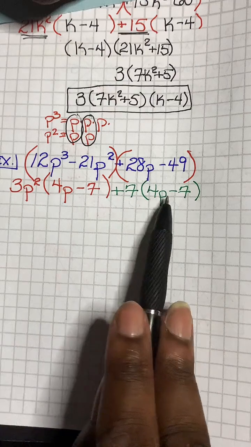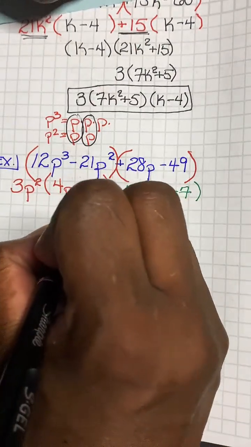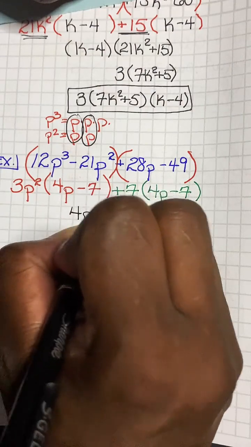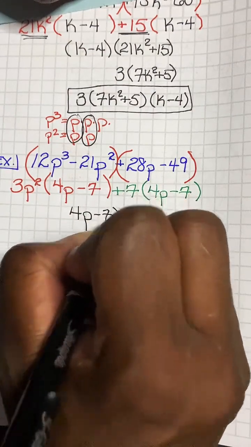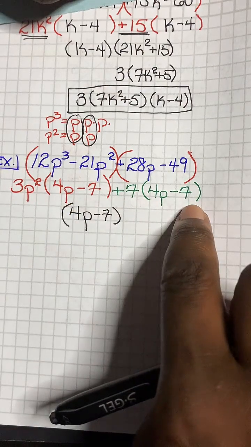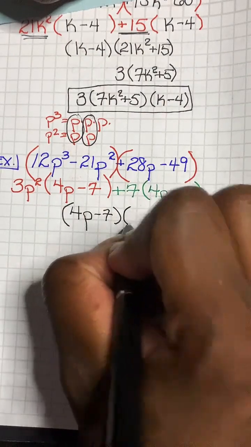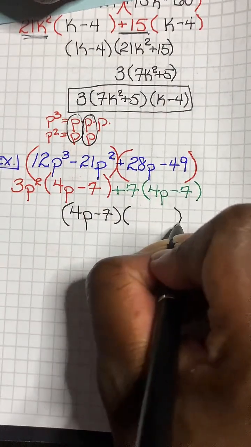Okay? So since our parentheses are exactly the same, we're going to factor it out. So that means that 4p minus 7 is going to be factored out because it's like the GCF of that line. Now what remains is going to go into another parenthesis.